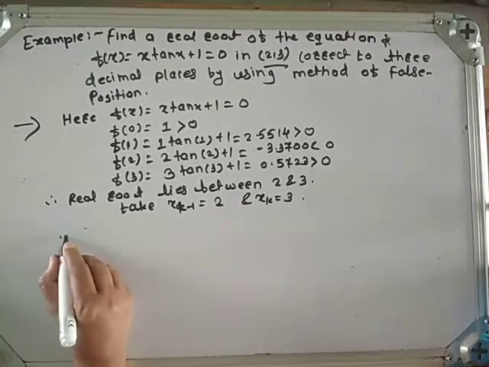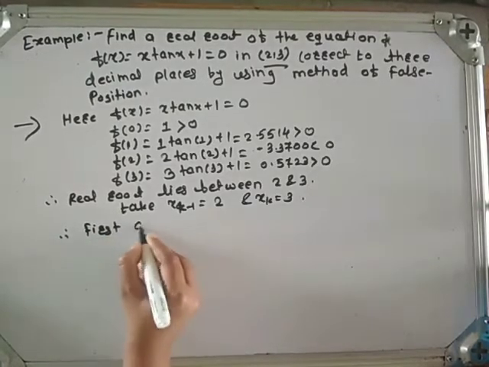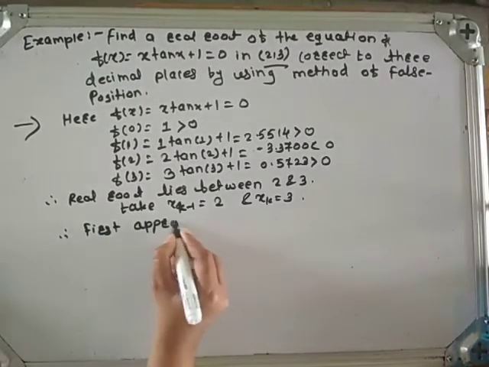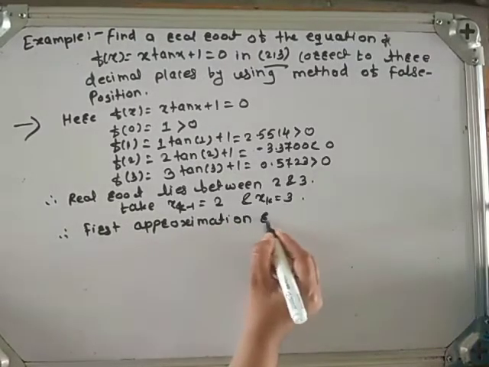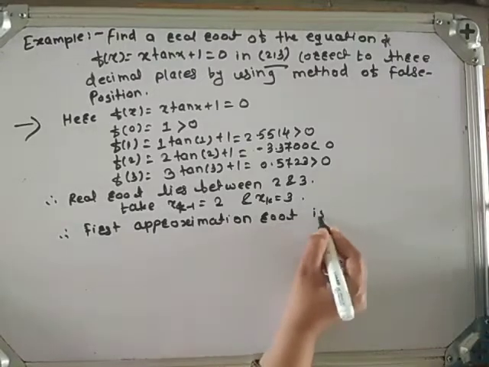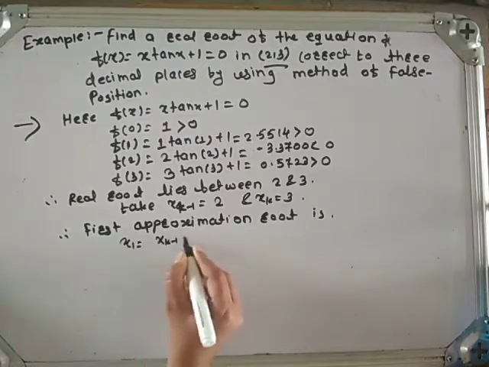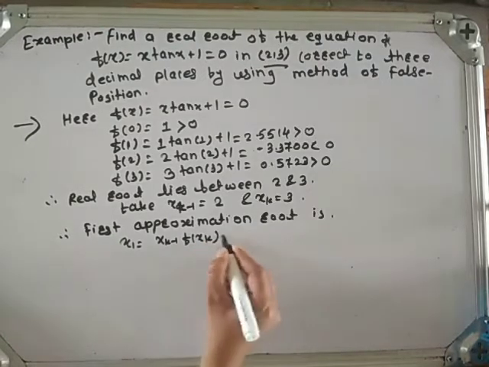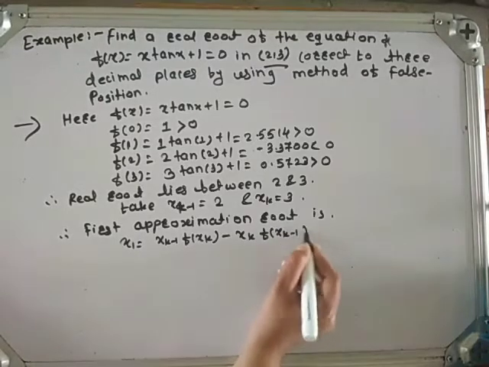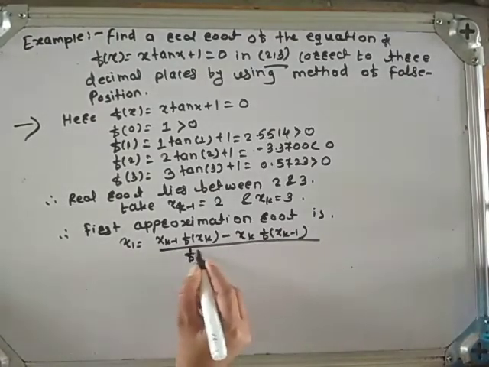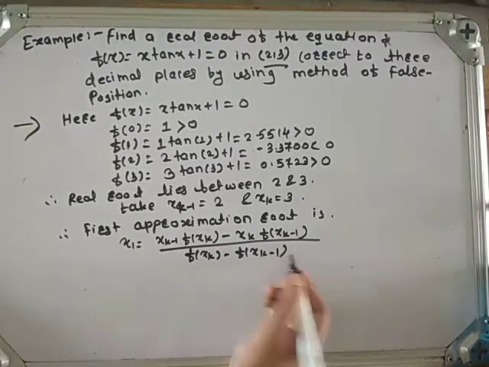Therefore the first approximate root is x1 = (x_{k-1} f(x_k) - x_k f(x_{k-1})) / (f(x_k) - f(x_{k-1})).